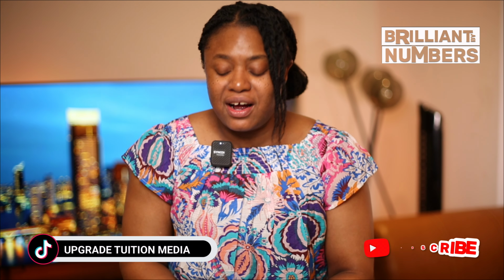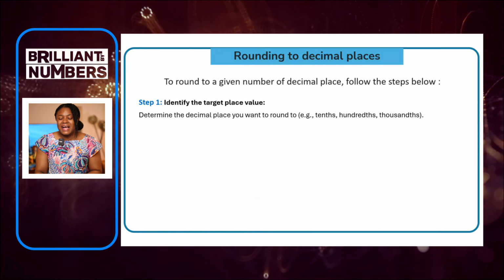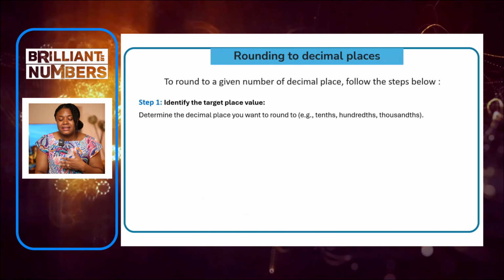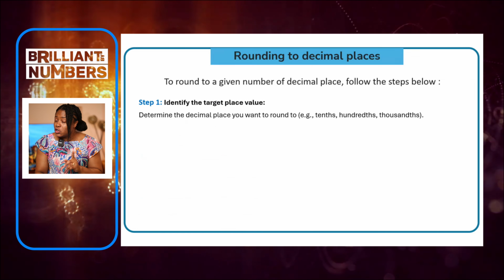So below are the steps that we follow. Similar to the video that I've done before, if you have watched that video, then you would have had an idea of what to do for this as well. Same principle applies. So step 1, we identify the target place value. So we determine the decimal place that we want to round to.